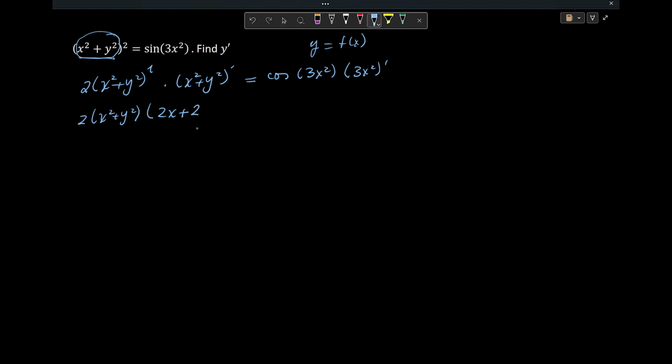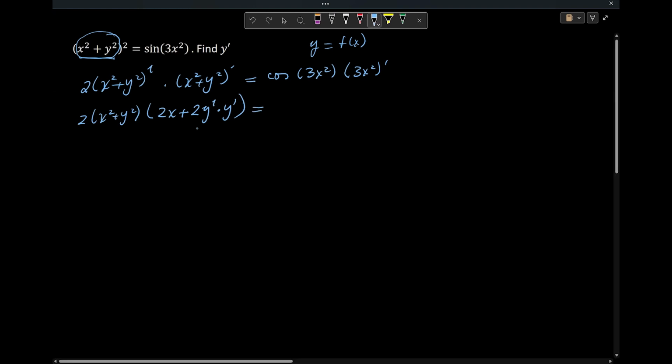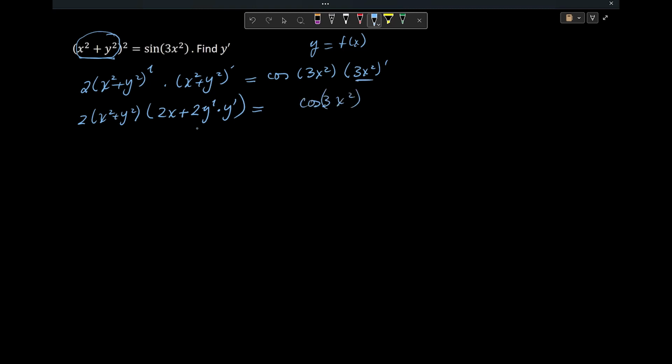So we drop the power, y to 1 less power times the derivative, y prime. And on the right-hand side, we have cosine 3x squared. The derivative of 3x squared here is 6x, right? Just a regular power.